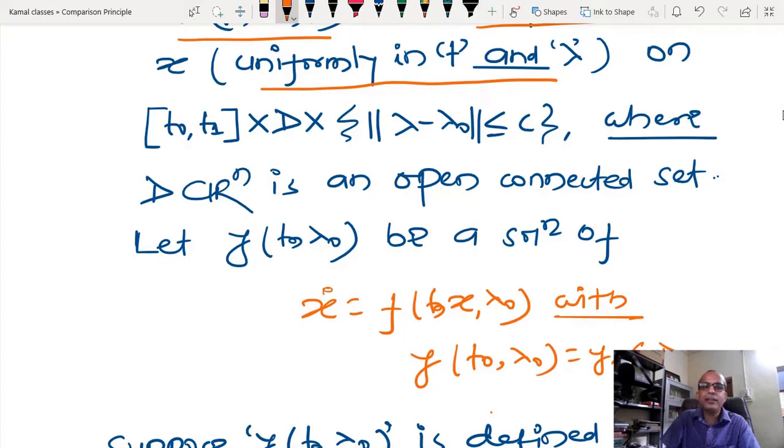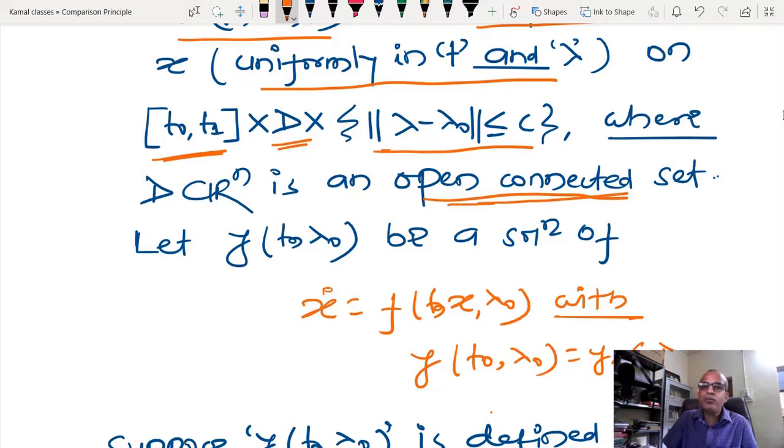I have defined the time interval between these two. This is my space D, where D in R^n is an open connected set, and the parameter variation is not going to be large.